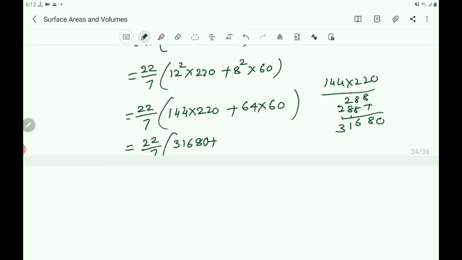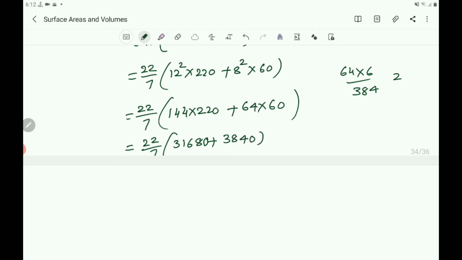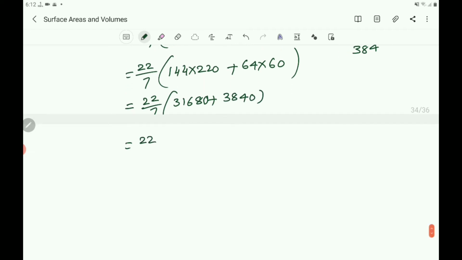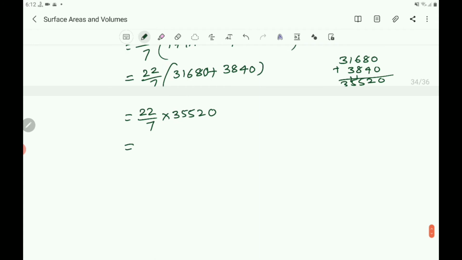Then 64 into 60 is 3840. That equals 22 by 7 into 31680 plus 3840, and adding these gives 35520.